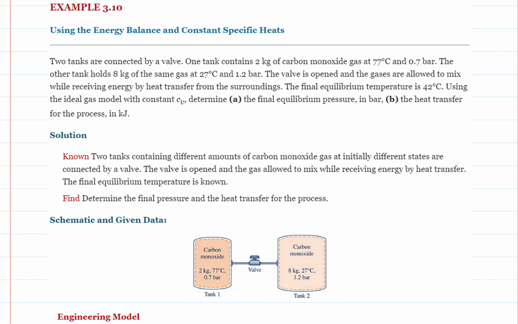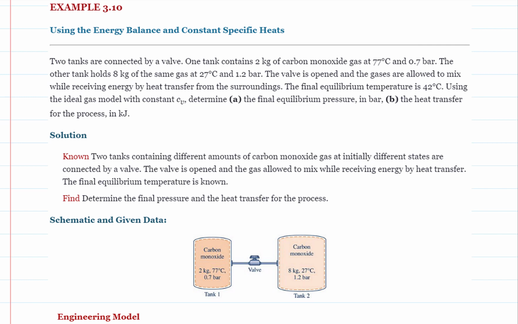The valve is opened and the gases are allowed to mix while receiving energy by heat transfer from the surroundings. The final equilibrium temperature is 42 degrees Celsius. Using the ideal gas model with constant specific heat, determine the final equilibrium pressure in bar and the heat transfer for the process in kilojoules.